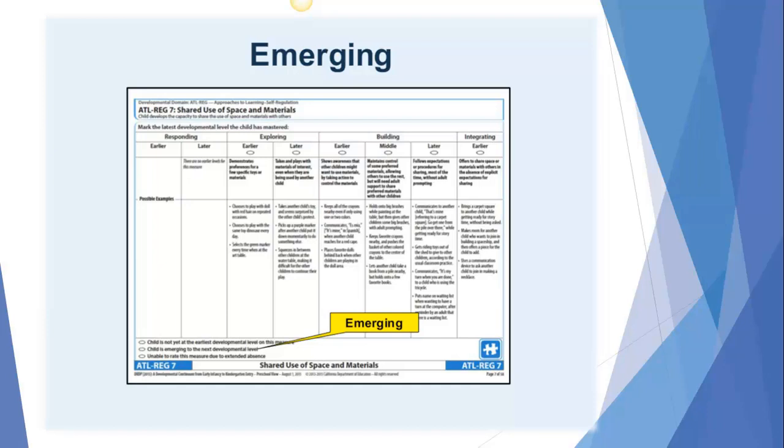I'm starting to see some of those behaviors, but it's not yet mastered. So it gives the teacher the opportunity to say, this is mastered, but I see some of these behaviors. Sometimes teachers can struggle with that: I see some of these, but it's not consistently over time. Remember, if a child has mastered something, it has to be consistent over time and in multiple settings. Okay? So you're able to mark right here and say emerging into the next category. That makes a difference. All right.